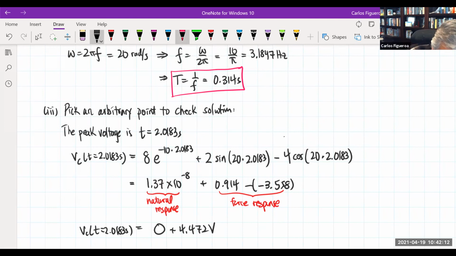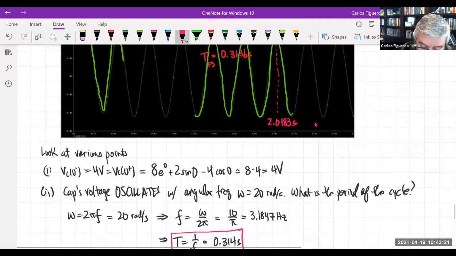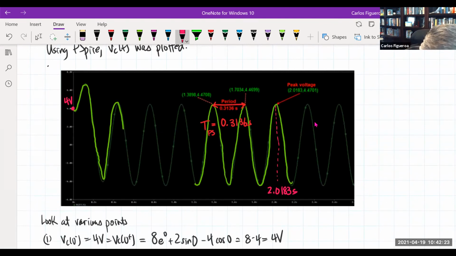So then I went in and I said, what does PSpice tell me? When I go to PSpice, I come up here and PSpice says that the peak voltage at this time right here is 4.4701.